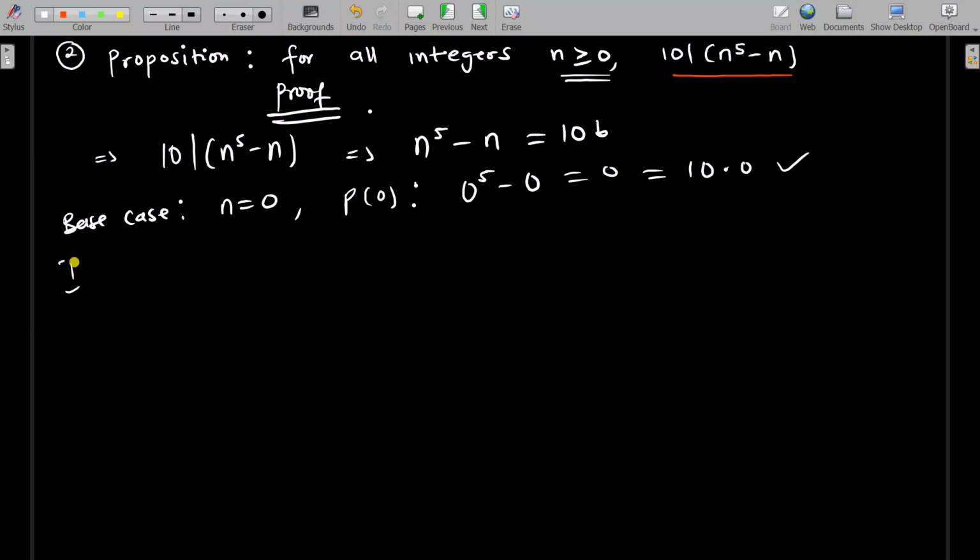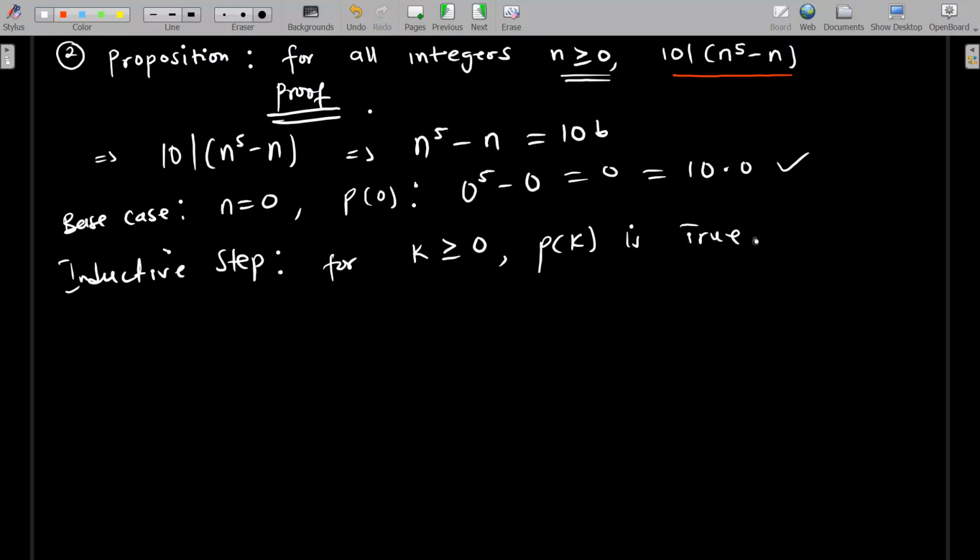Now the inductive step is that you try to show that for any k greater than or equal to 0, p of k is true, which means that k to the power 5 minus k can be written as 10 multiplying some b, right?